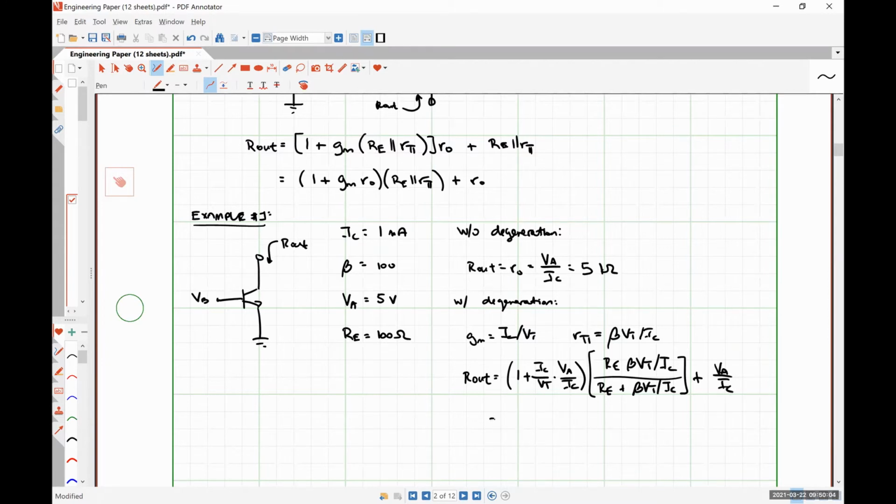And if we substitute in our numbers, we get 23.615 kilo ohms. So placing this 100 ohm resistor between our emitter and ground increased our output resistance by 372.3%. That's a pretty significant boost in output impedance.